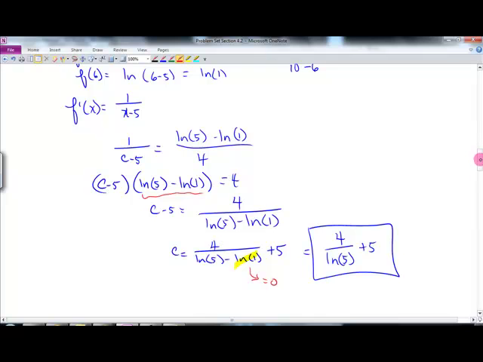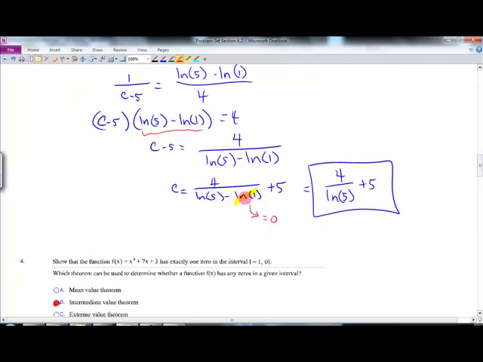And then ln of 1, you're at that point, and then I added the 5 over. So now you're doing some evaluating if you can, and ln of 1 is 0. That's something we pretty much should remember. And then you can leave this in this form, 4 over ln 5 plus 5. Okay, and the plus 5 is not on the bottom, it's just out to the side.